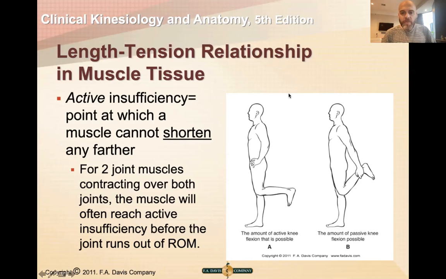This picture right here of A is called active insufficiency. It's the point at which a muscle cannot shorten physiologically any further. It's the point at which the patient or you can no longer sufficiently contract your muscle. Every muscle has a point of active insufficiency.